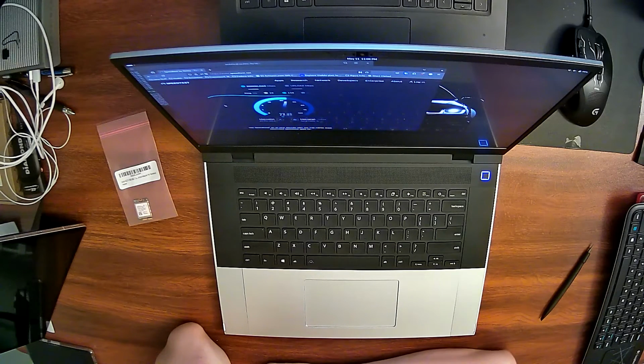Let's see if it's stable then. I can already tell you the speed. I don't like the speed.